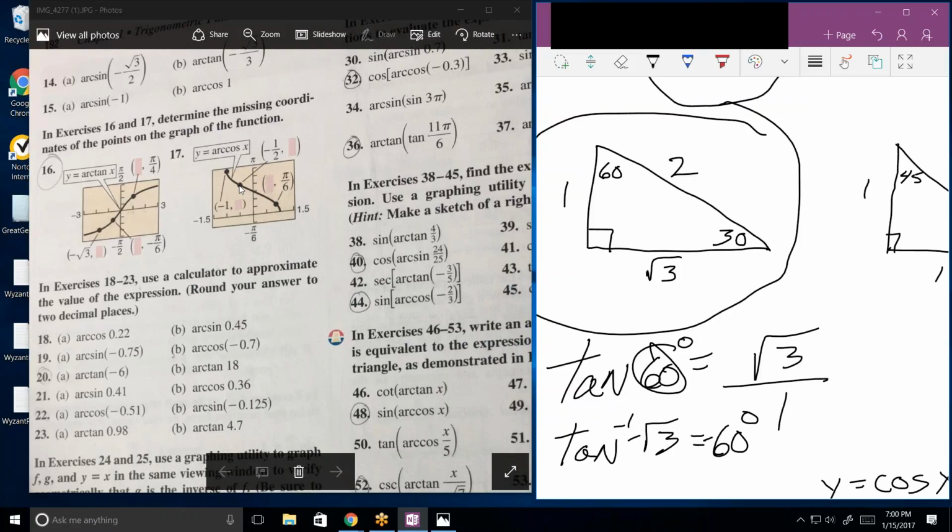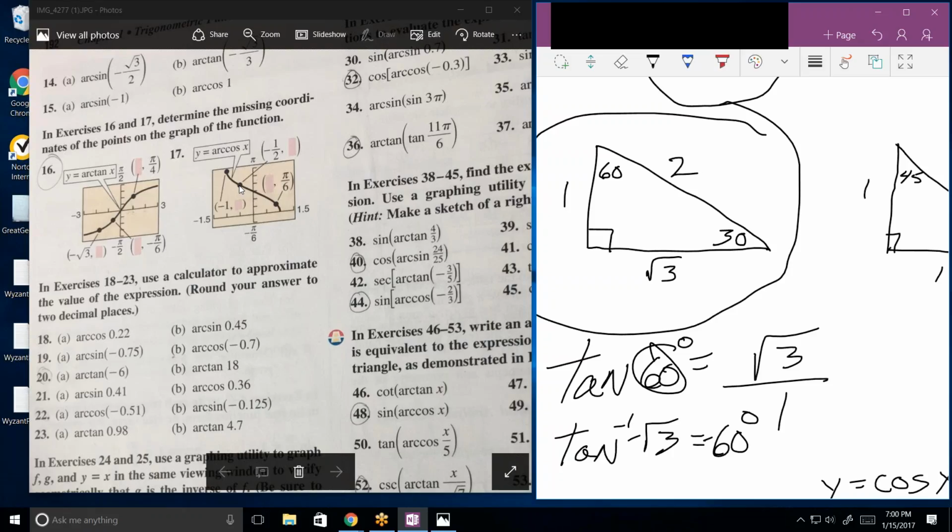What angle, looking at the triangle, is the cosine of that angle equal to 1/2? 30. No. Cosine of 30 is square root of 3 over 2. It's adjacent over hypotenuse. That's 60.